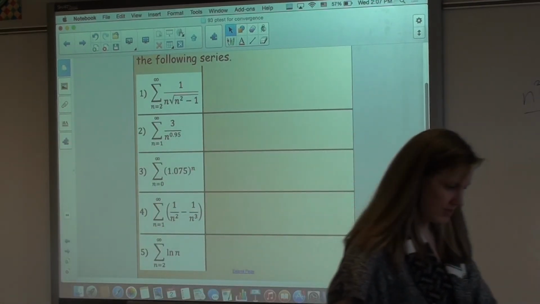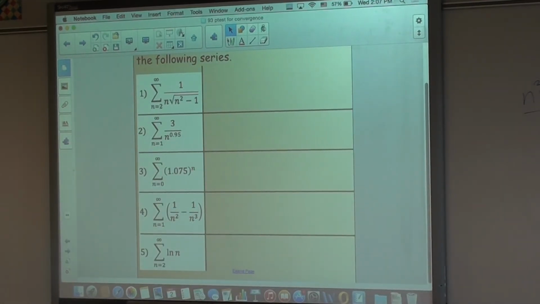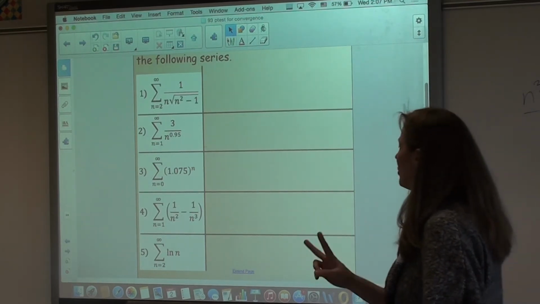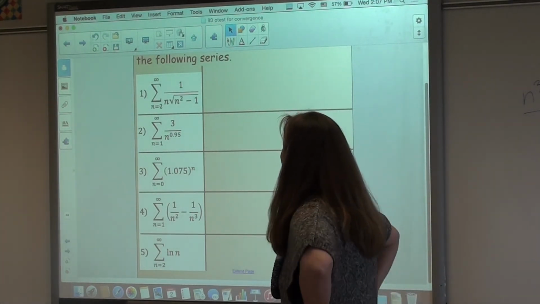Wait, do you want us to find the sum? Nope, just determine convergence. There's none where you can find the sum.